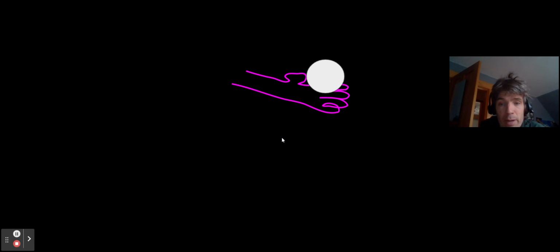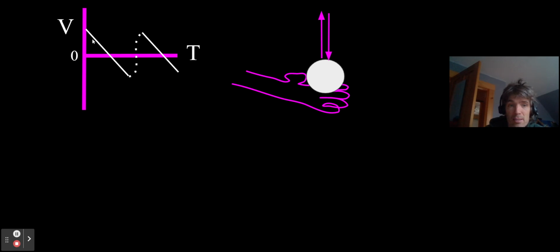Now, let's look at the velocity graph of a ball that's being tossed up into the air and then dropping. What's that going to look like? This is what its graph is going to look like. I want to focus in on these straight lines.